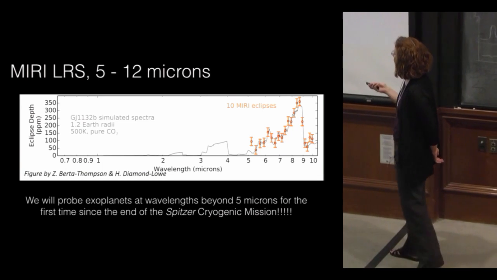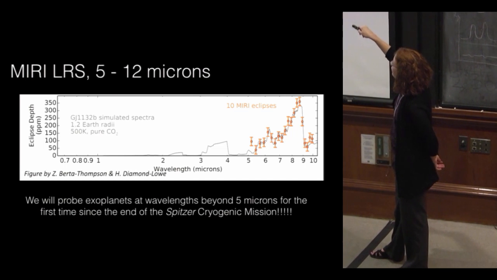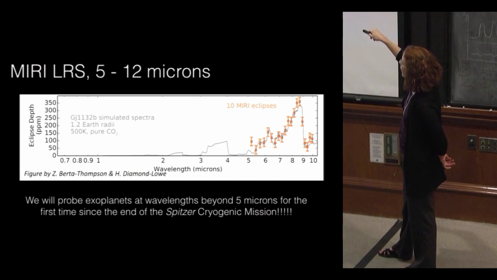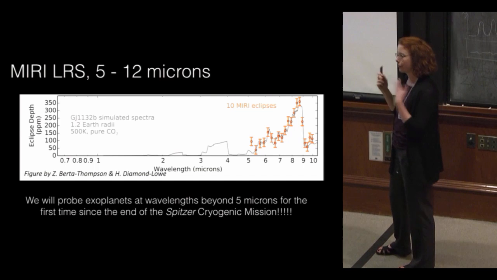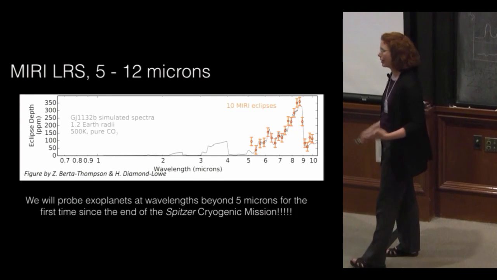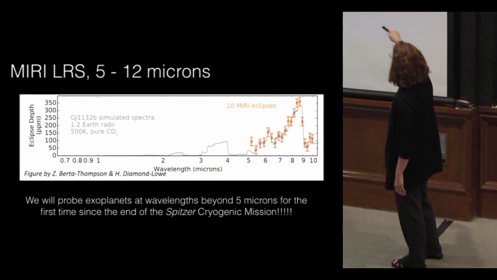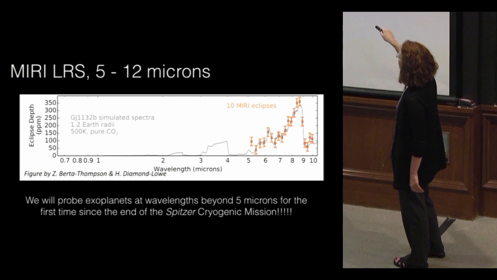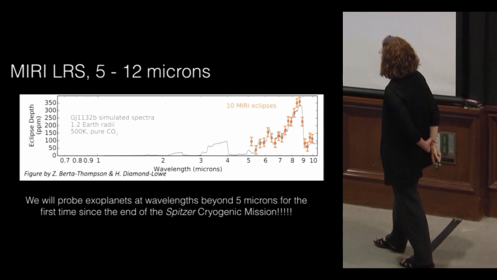But what I have plotted here is a theoretical eclipse observation. And as Drake pointed out, there's going to be a lot of really great eclipse observations done with JWST. Again, for a simulated GJ 1132, assuming pure CO2, and with about 10 MIRI eclipses, you can actually measure this whole range of spectroscopic features here with high fidelity.